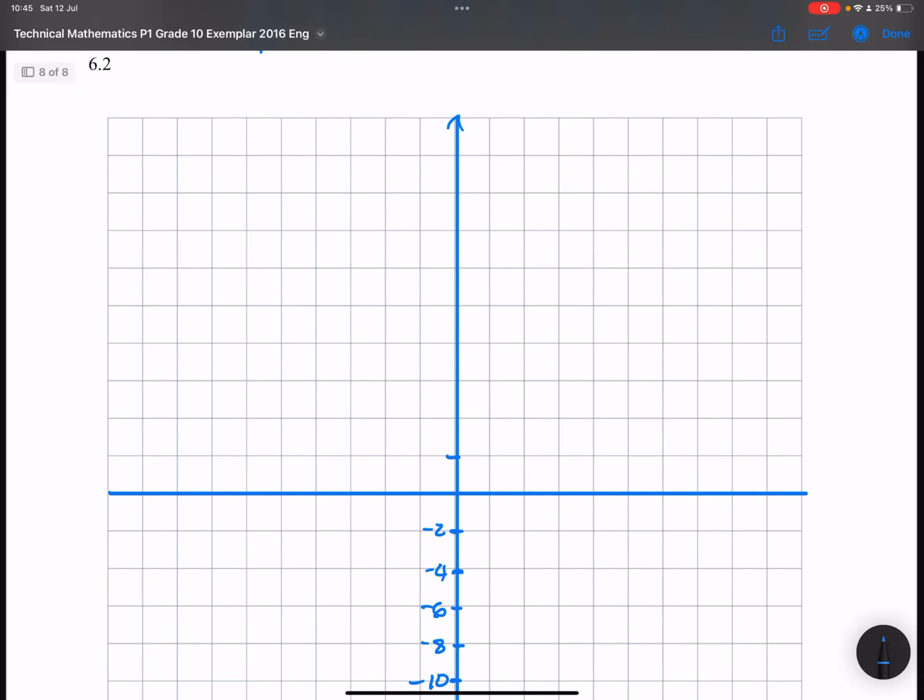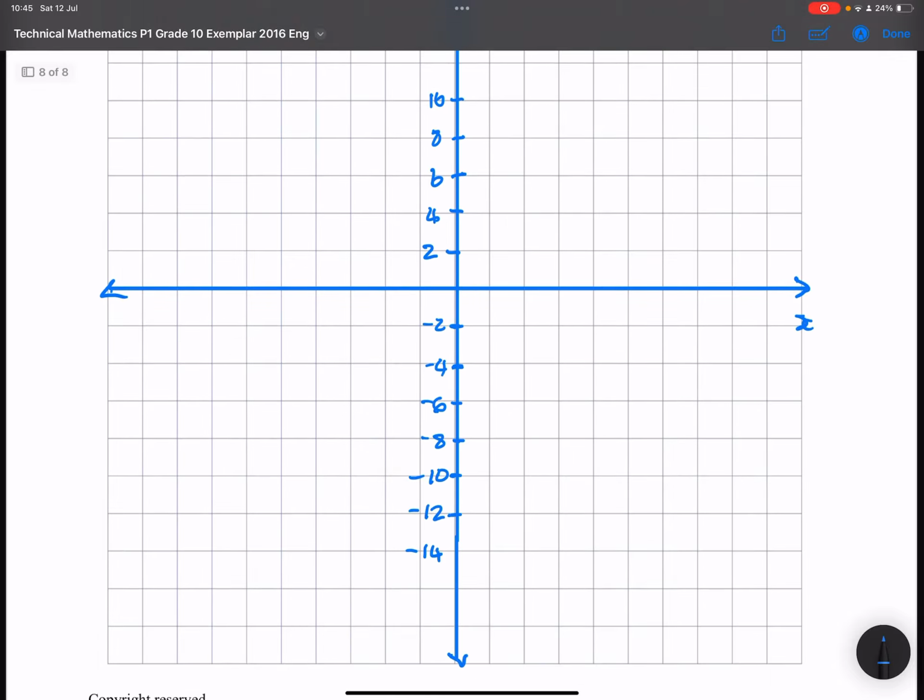And again, we've got 2, 4, 6, 8, 10. So this is going to be x, and this is going to be y.